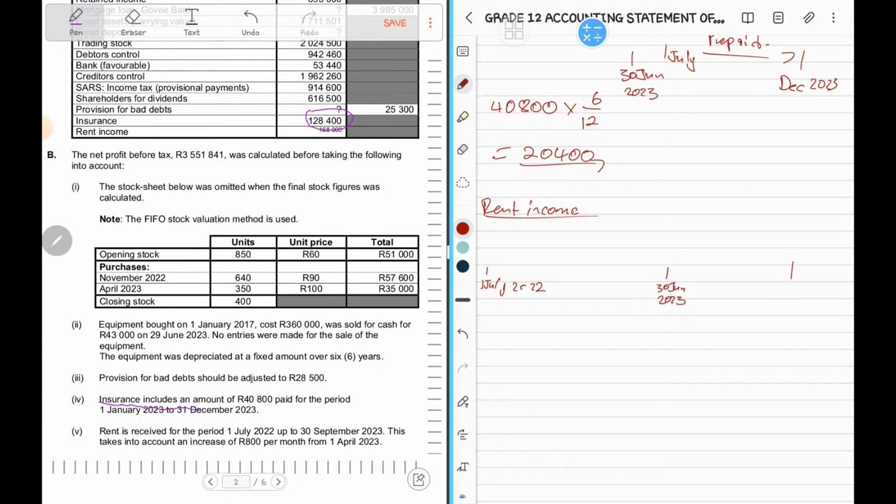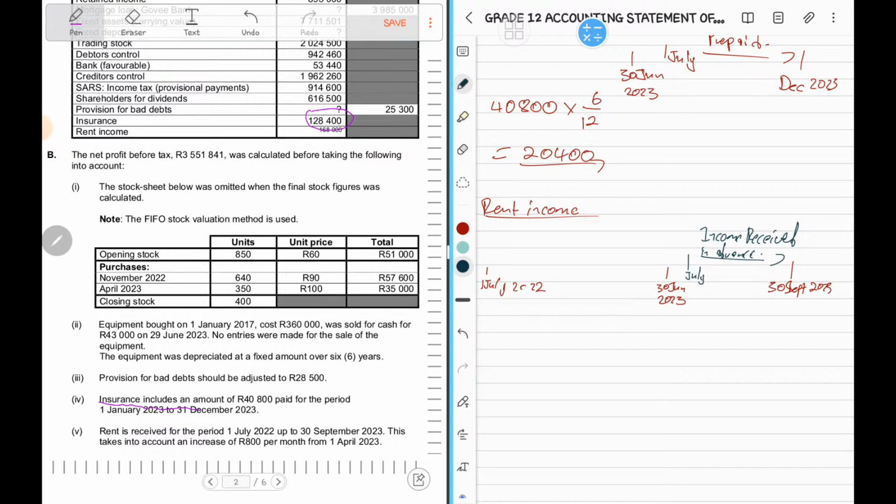But we're being told that they received the rent income up until 30 September 2023, meaning that from the 1st of July up until September, it is income received in advance. Income received in advance. So remember how we treat income received in advance. We have to subtract it.